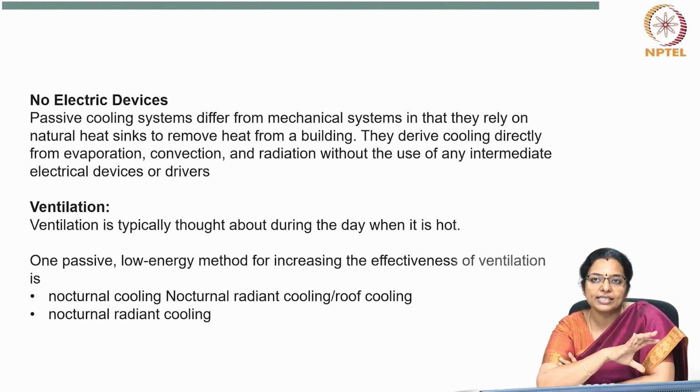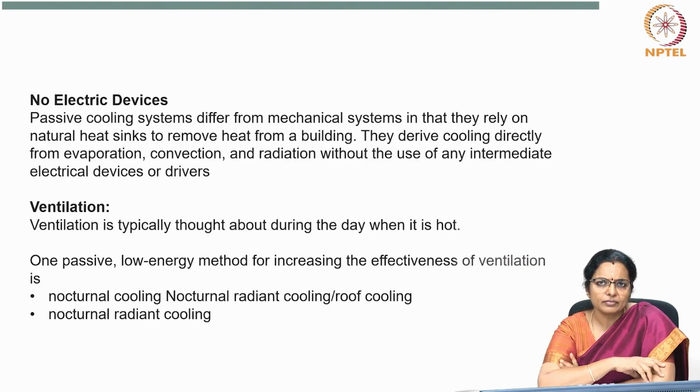The coldest environmental heat sink available is the night sky. This important resource for passive cooling systems is as much as 30° Fahrenheit below ambient air. All roofs radiate heat into the night sky because the night sky is cool.